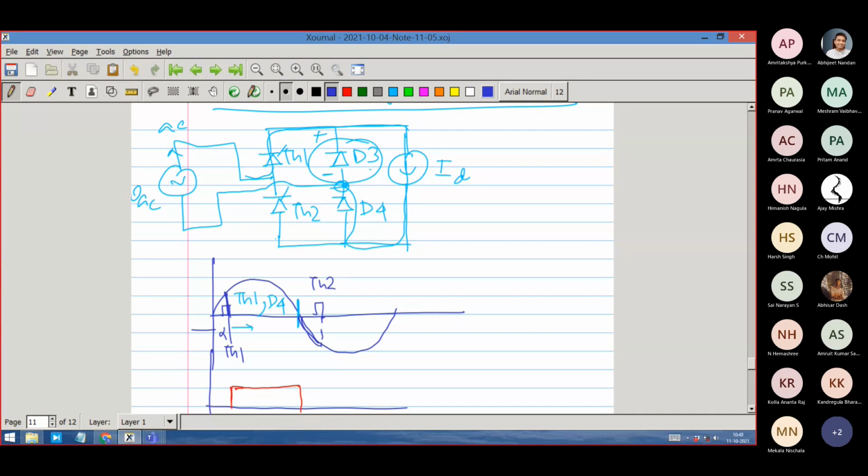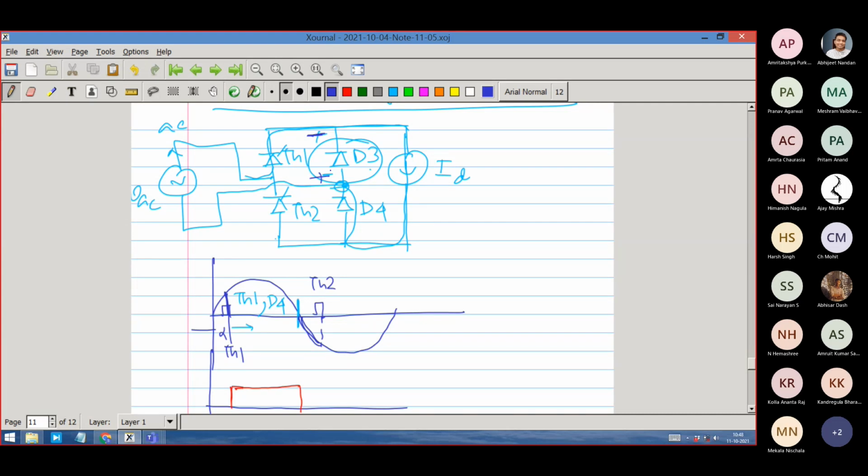So what will happen? By our logic, suppose TH1 and D4 are conducting and the voltage has become negative. Now this voltage is minus and this voltage is plus, so D3 would be forward biased.